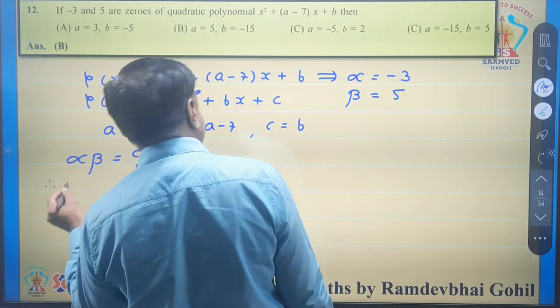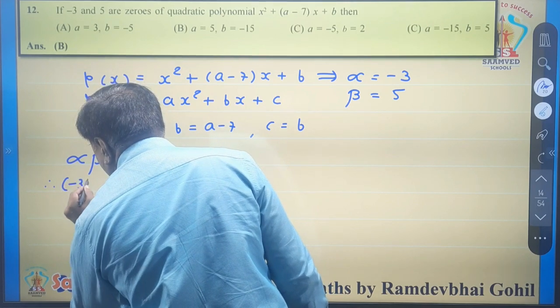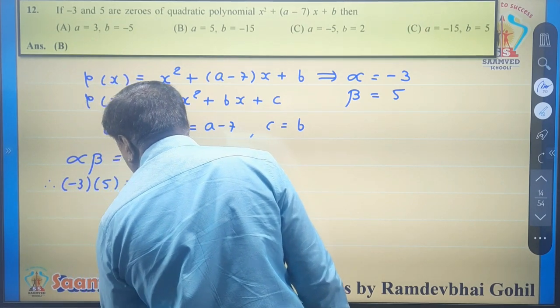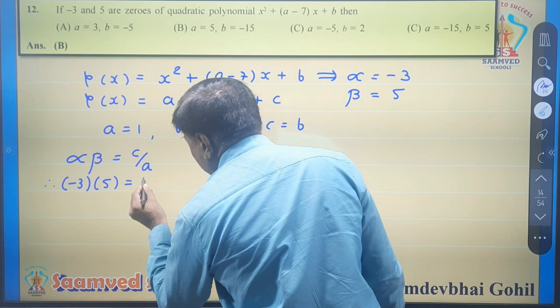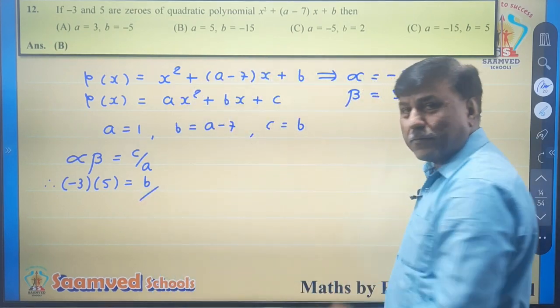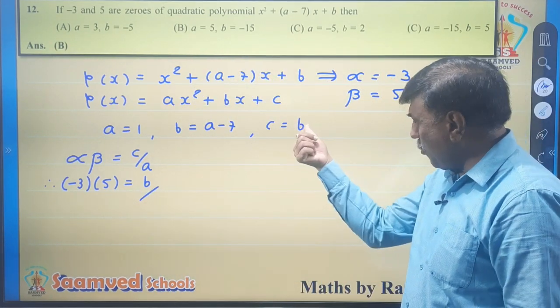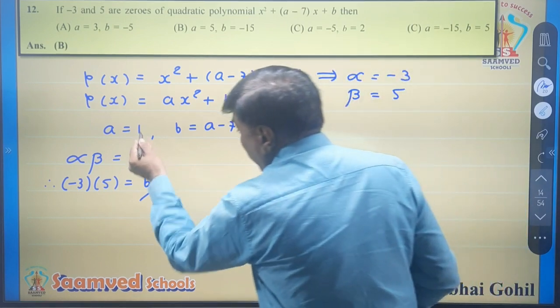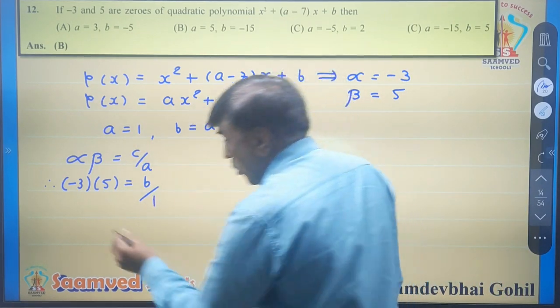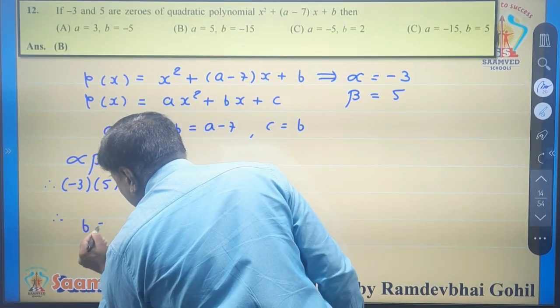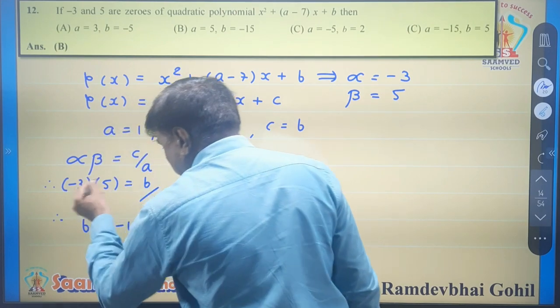So, alpha is minus 3, beta is 5, is equal to c, that is b. Do you understand? C is equal to b and a is equal to 1. So, b will be minus 15.